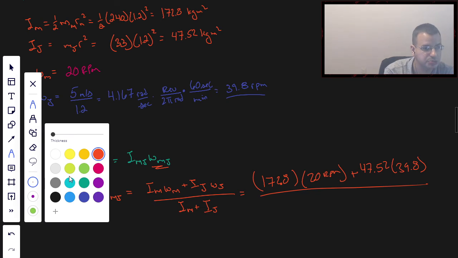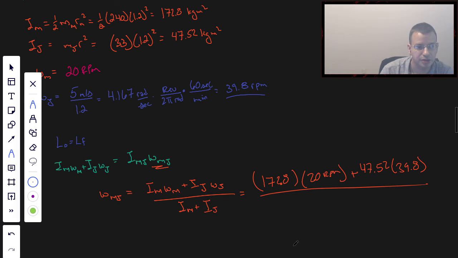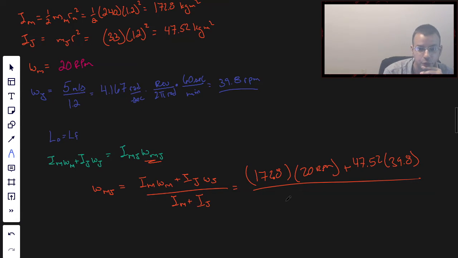So John is going faster, about twice as fast as the merry-go-round. So we'll expect it to speed up. And then we'll divide by 172.8 plus 47.52. Oh, and I'll put in RPMs here just to be consistent.